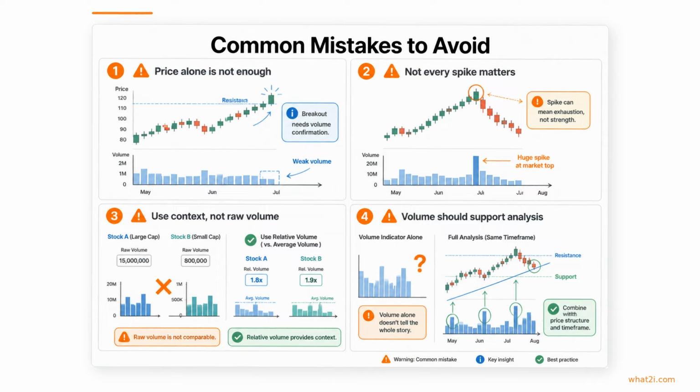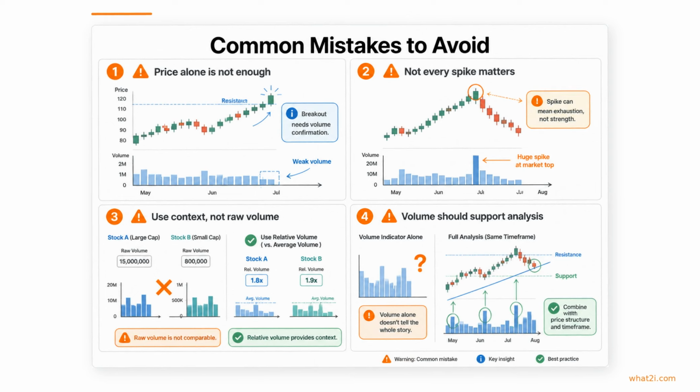Traders also get misled when they compare raw volume numbers without considering what is normal for that asset or time frame. And volume can be misused when it is studied alone without support, resistance, trend, or chart context. The basic rule is that volume should support analysis, not replace it. Used carelessly, it can create false confidence just as easily as it can provide clarity.